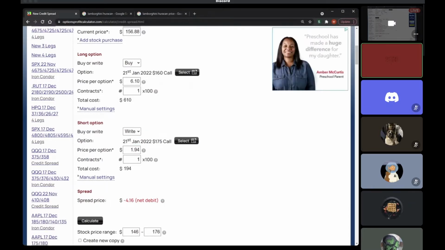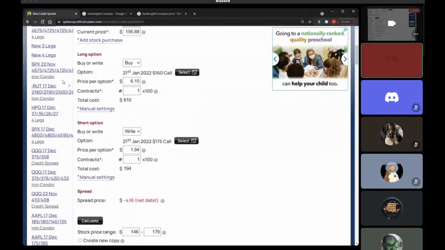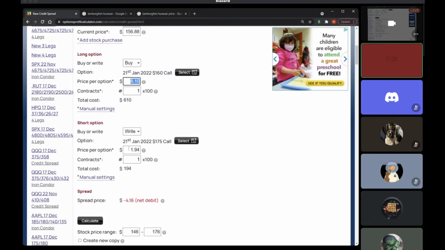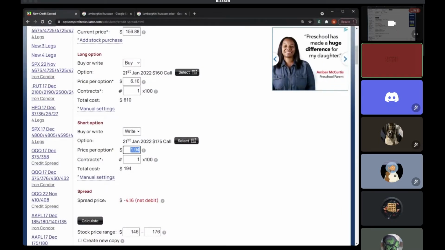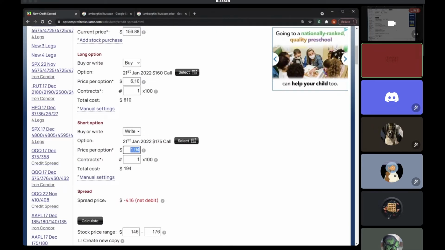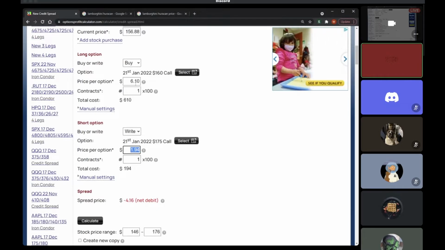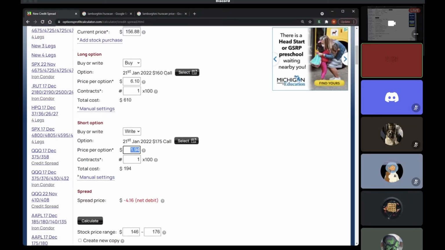Your losses are actually not as high as they would be if you were to just lotto this right here at 610, because you're gaining premium as this comes back down. So let's say this gets back down in that 30 days, and this is actually $1. You could buy that back, collecting the $94 as profit to use against what you've lost, now offsetting it. Now you have a YOLO call or a lotto call again.